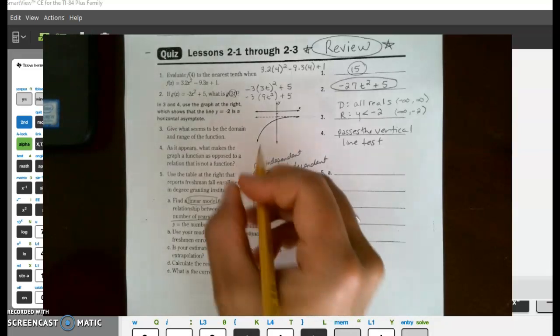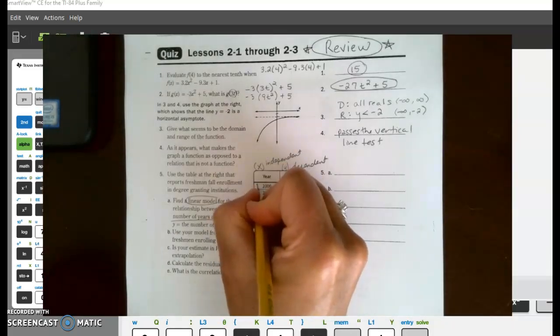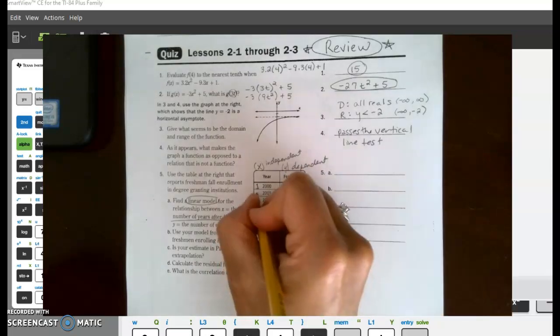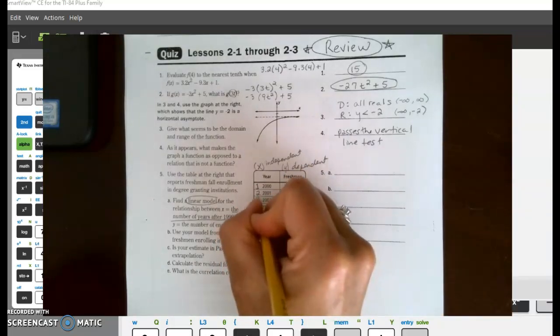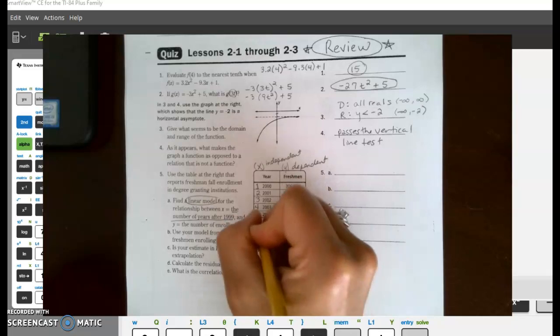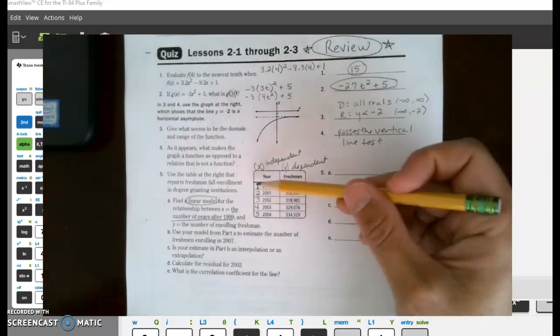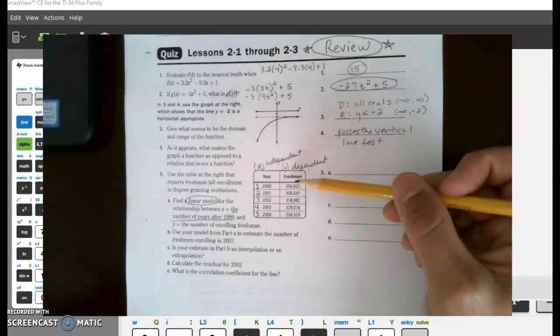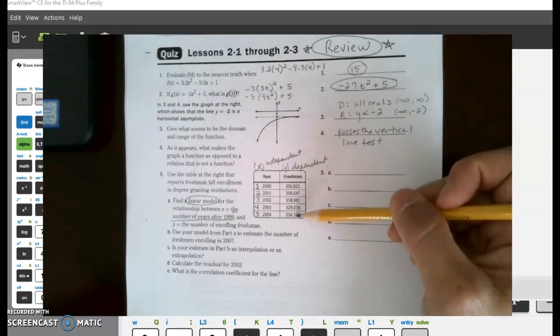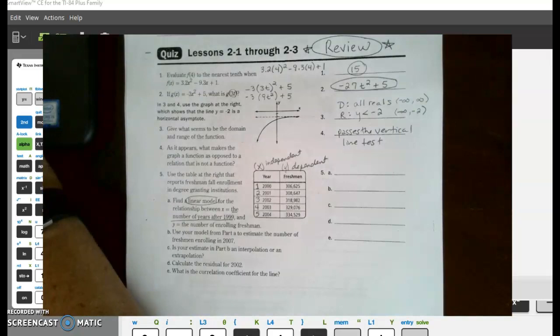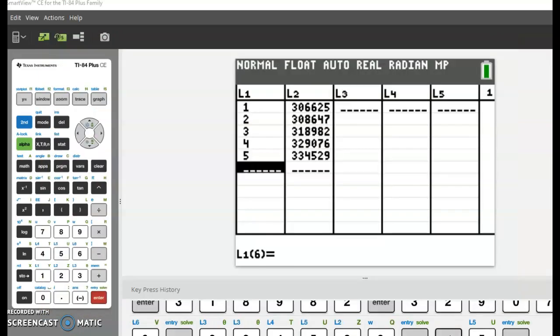I'm going to enter 1, because that would be 1 year after 1999. This would be 2, 3, 4, and 5. So when I actually put the data into my calculator, this would be my list 1, this would be my list 2. So let's go ahead and we're going to enter that data into the calculator.